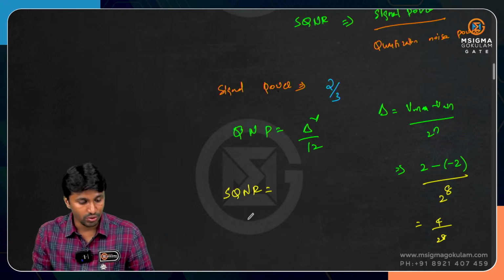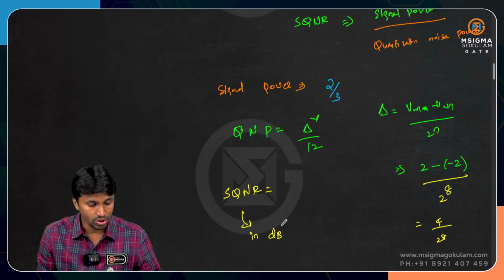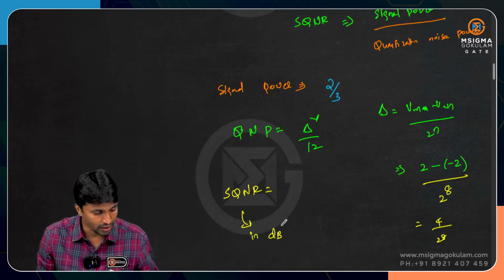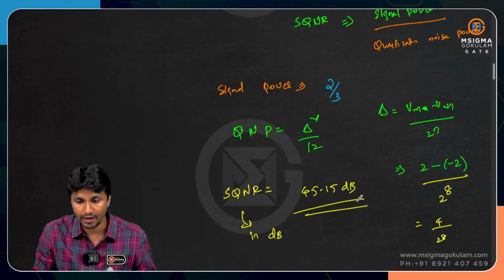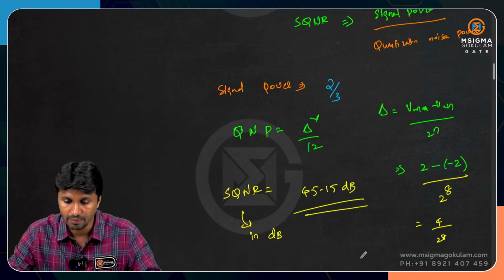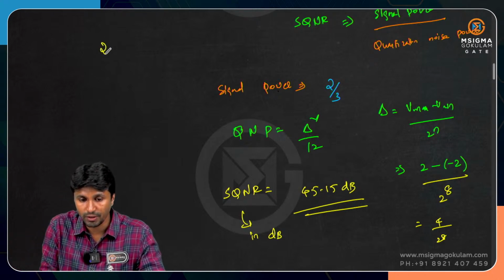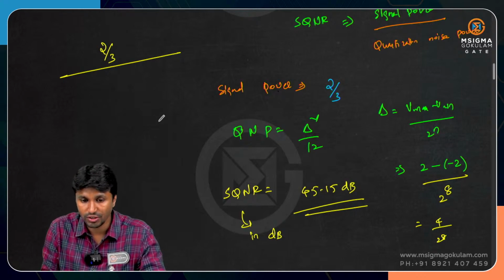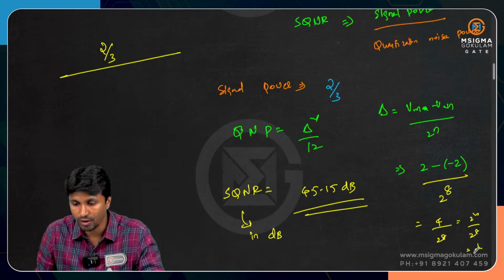I think he is asking you to find the signal to quantization noise ratio in dB. When you calculate this, the answer comes out as 45.15 dB. So all you have to do is, signal to noise ratio is 2 by 3 divided by delta square by 12. Delta is 4 by 2 raised to 8, which is 2 square by 2 raised to 8, which is 1 by 2 raised to 6.